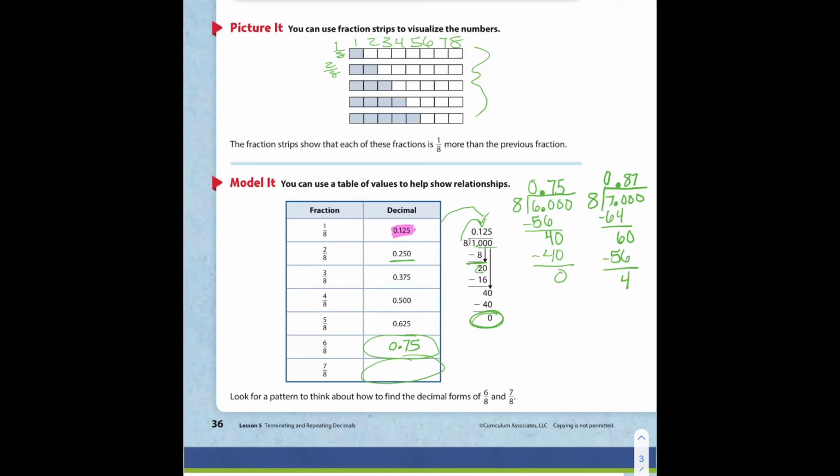Subtract and get 4. Bring down a 0. 8 will go into 40 5 times. 5 times 8 is 40. Subtract and get 0. And again, now that I have 0 from my subtraction, I can stop. I'm done. So 7/8 as a decimal is 0.875. So look for a pattern and think about how to find the decimal forms of 6/8 and 7/8.